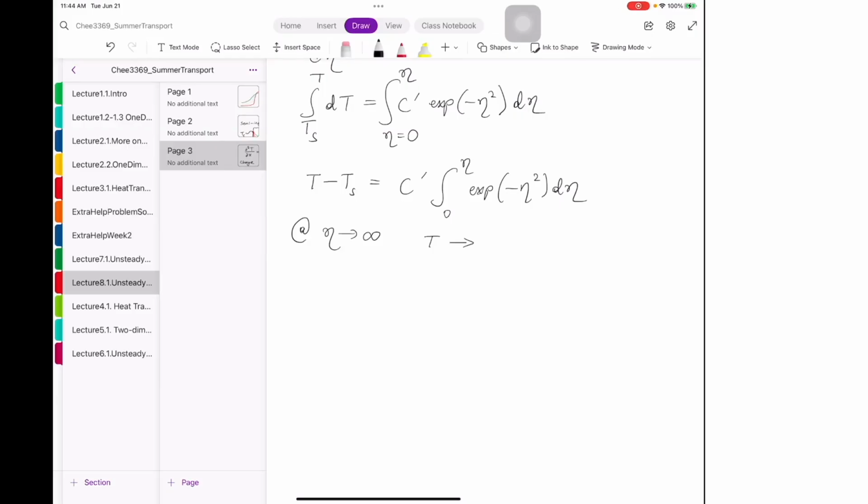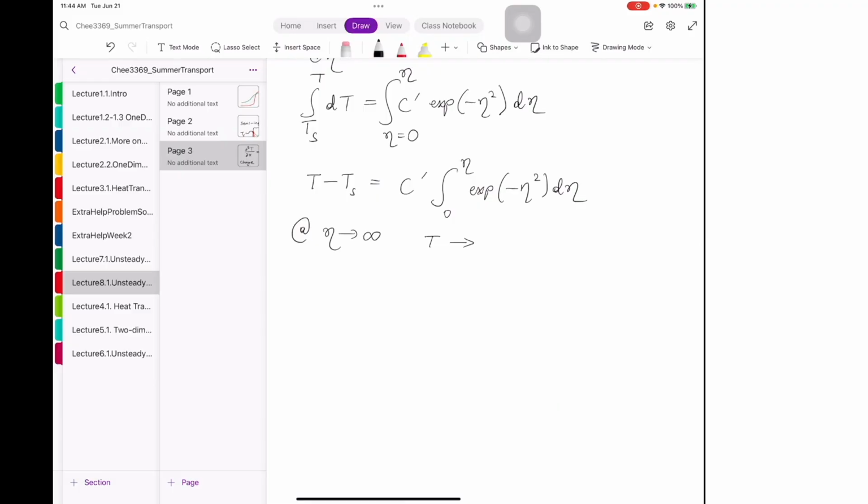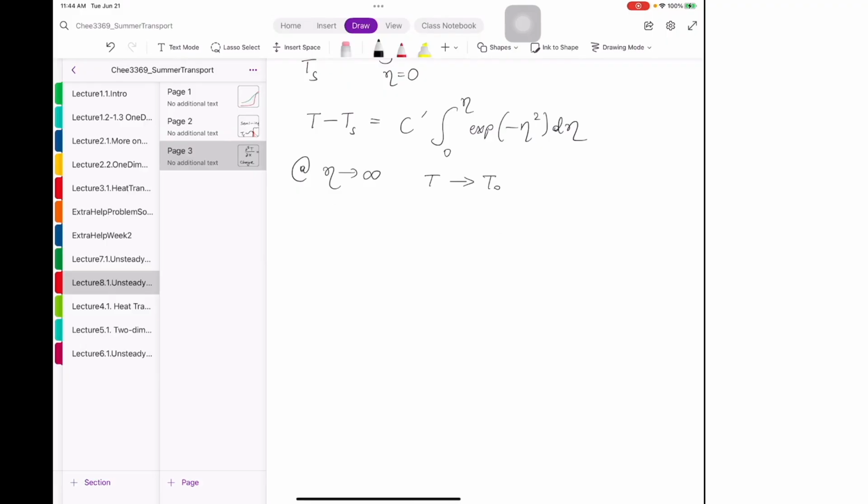So from here, you get the following: T0 minus Ts is equal to c prime times the integral from 0 to infinity of exponential of minus eta squared d eta.